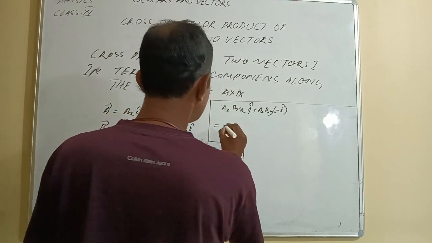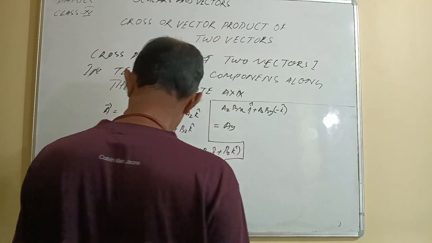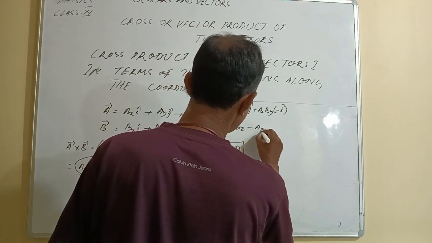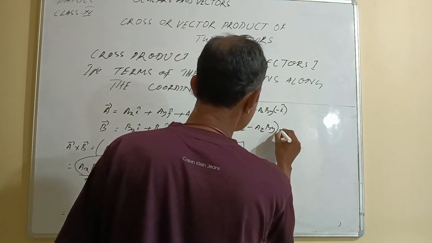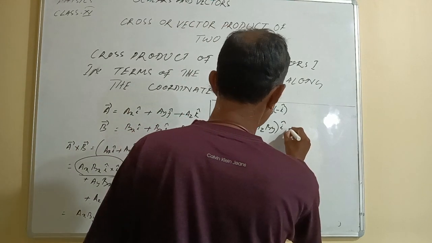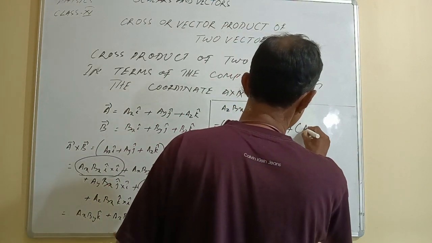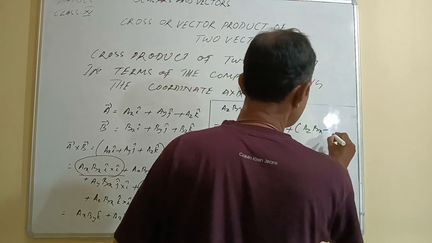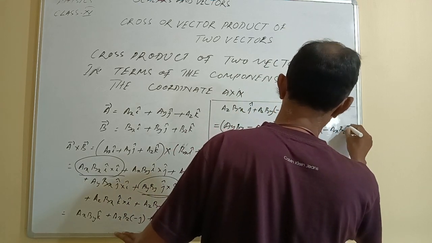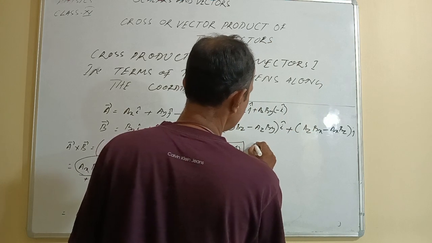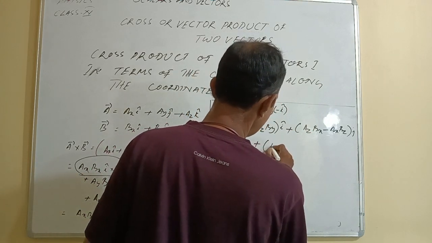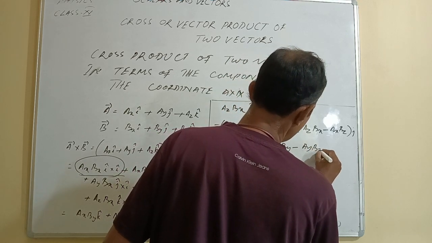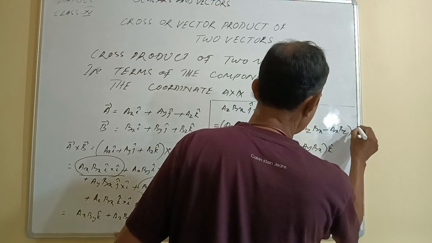It will be AY BZ minus AZ BY, this is the I, plus AZ BX minus AX BZ J cap, plus AX BY minus AY BX K cap.